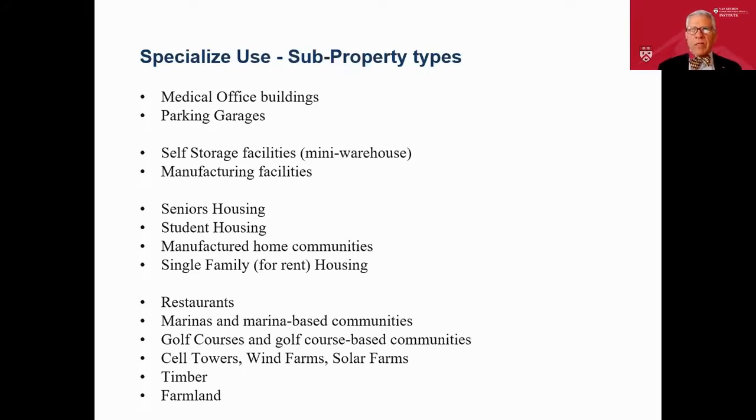When prices are back up, we'll sell them, take the big profit, and move on. But they worked on the efficiencies of managing 500 homes and their roofs and their HVAC systems and plumbing, et cetera. And now it's become a very, very strong sub property type within the for rent housing.